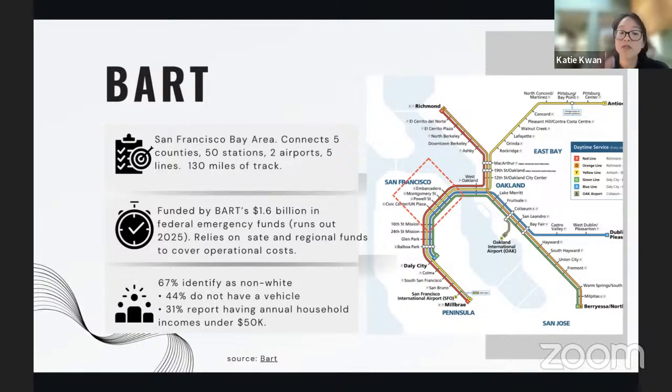The expectation is obviously that its funding is going to come from the states and the regions and replenish that amount. I also think it's really interesting to talk about who is riding BART. From a poll, 67% of our riders are non-white, 44% of them do not own a vehicle, and 31% of them have a household annual income under $50,000. This information is procured from the BART website.